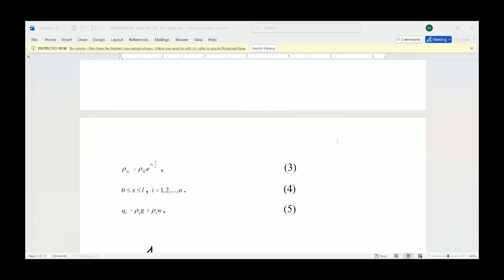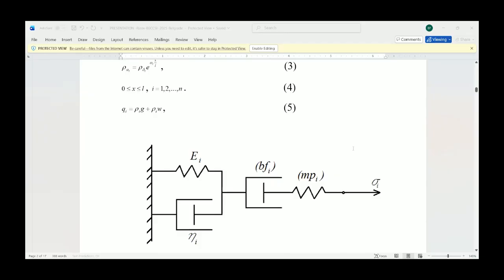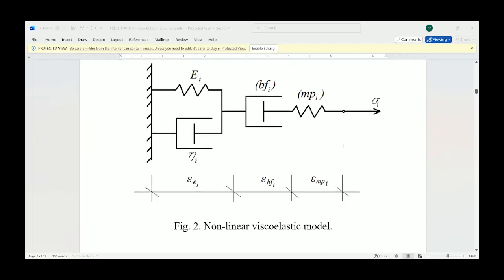The rod nonlinear viscoelastic behavior is treated by a model structured by linear as well as nonlinear springs and dashpots, shown in figure number 2 on your screen. The spring with modulus of elasticity Ei and the dashpot with coefficient of viscosity eta i have linear mechanical behavior.